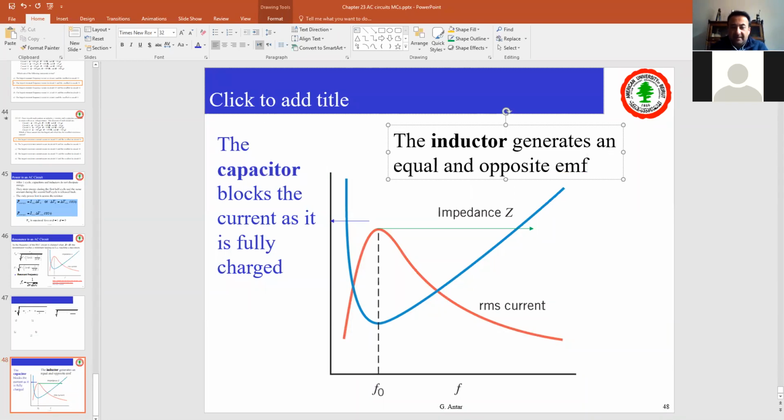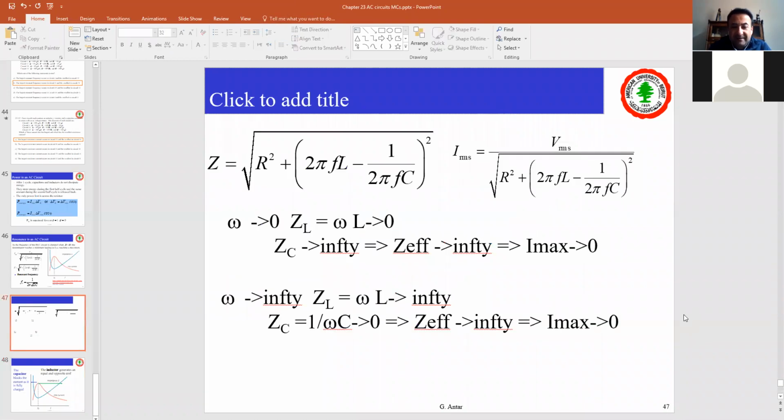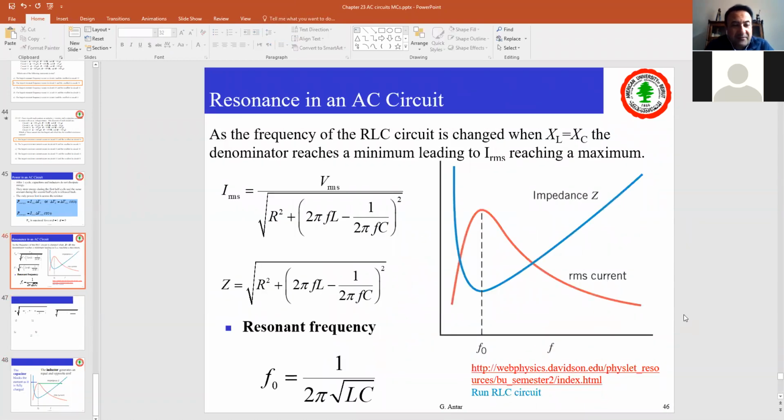But this leads us to a value for which my current is maximum. My current is maximum corresponding to an impedance which is minimum. So this is what this F0 stands for. This F0 is called the resonance frequency, and it's going to be equal to 1 over 2 pi square root of LC.